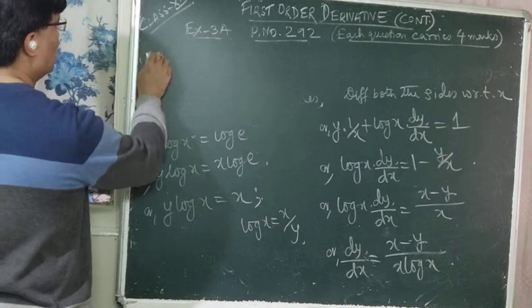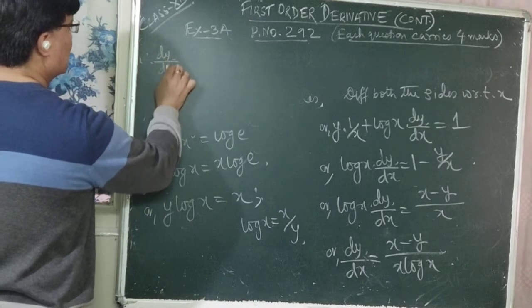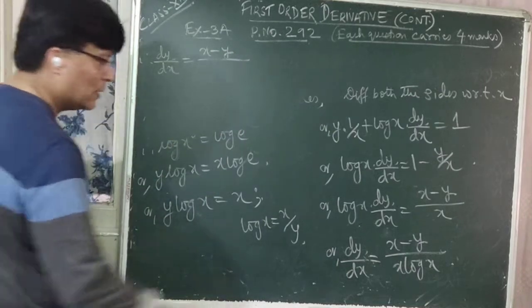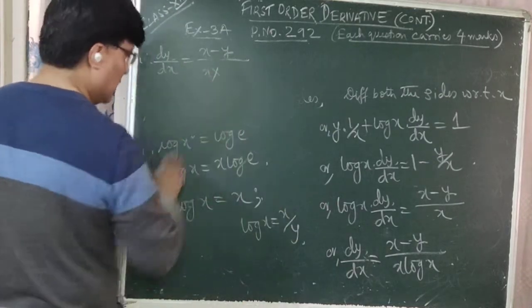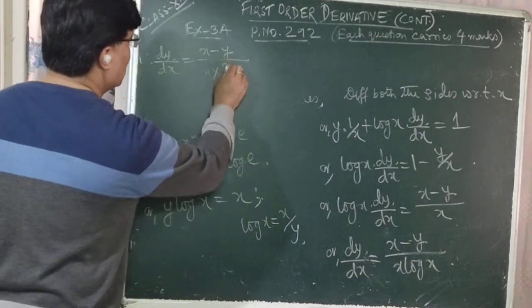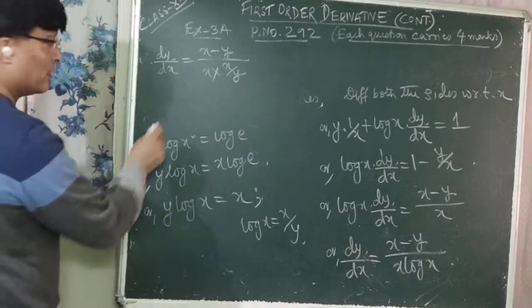Now therefore, dy by dx is equal to (x minus y) whole divided by x into what is log x here? Log x value here is x upon y, right?